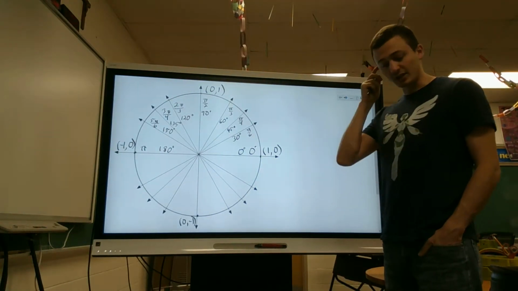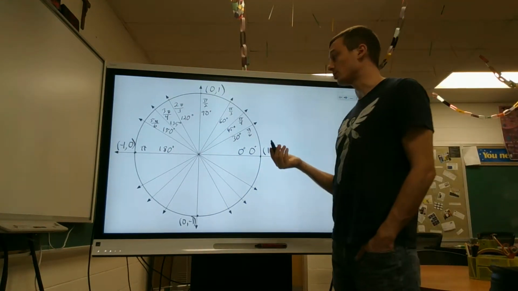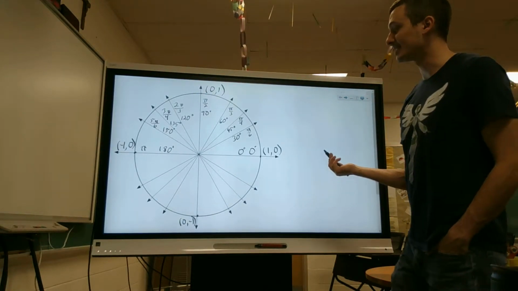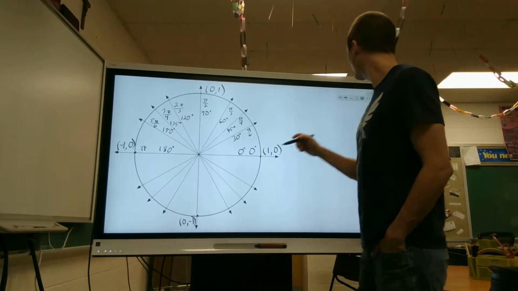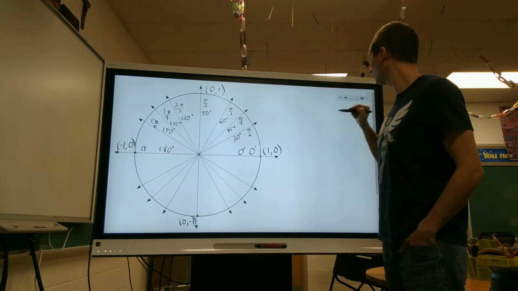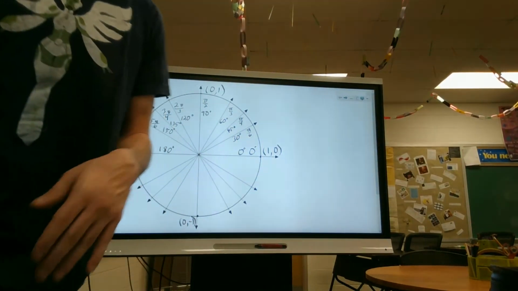So there's a whole bunch of different ways to remember the radians. One way to think about it is that I could draw, maybe. Nope, I can't. Because I left this plugged in.